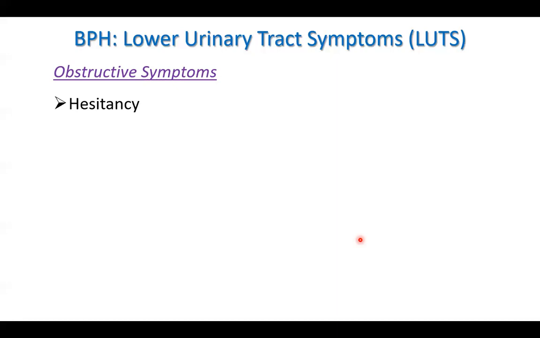So it takes some time. That's called hesitancy. The urine hesitates to come out. Then once it starts, the stream is poor, and they have to strain to pass the urine. While they're passing urine, it kind of stops and starts. That's called intermittency, which is not written here.